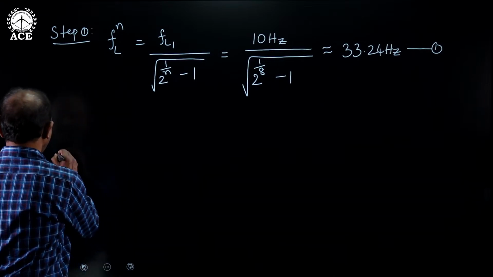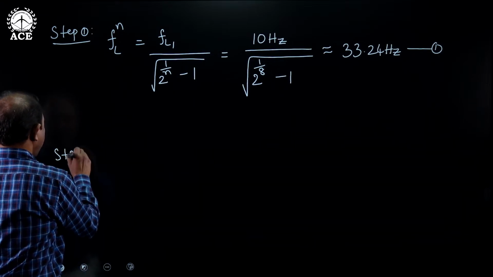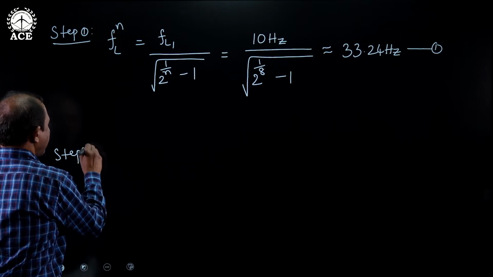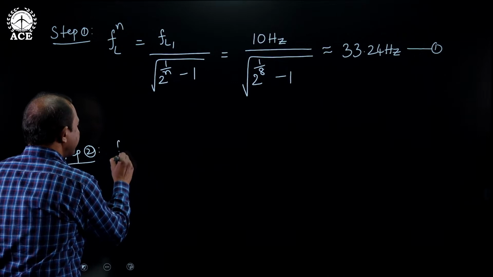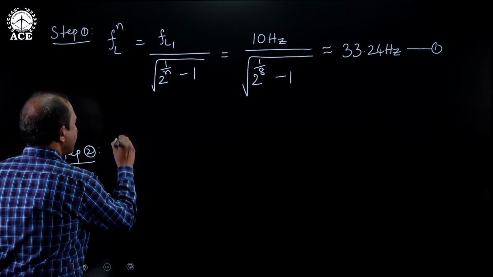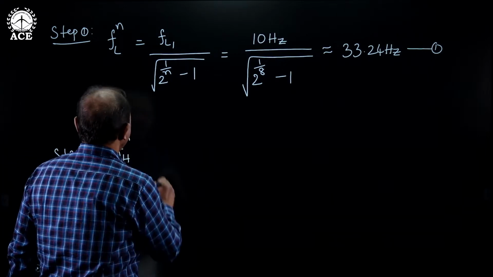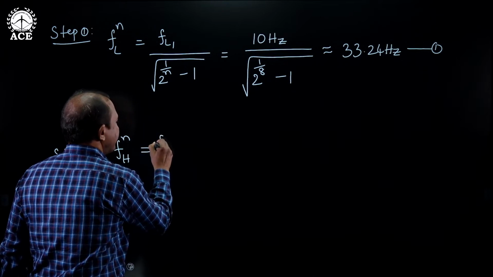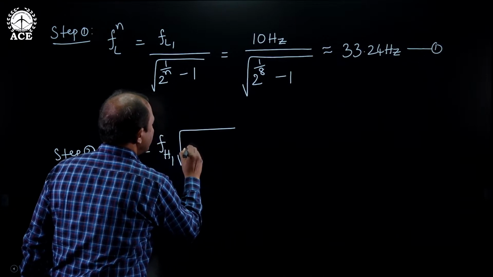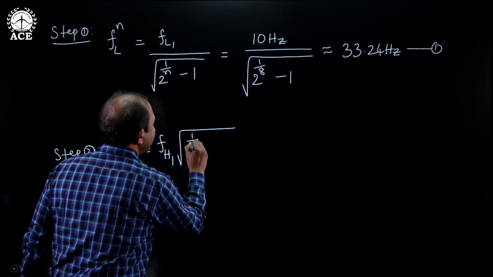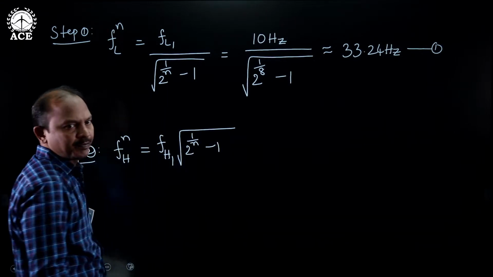Then similarly, the overall upper cutoff frequency FHn equals FH1 into root of 2 to the power 1 by n minus 1 is the formula.